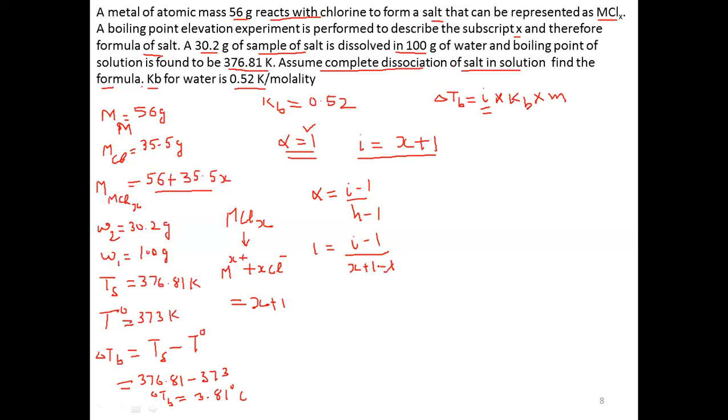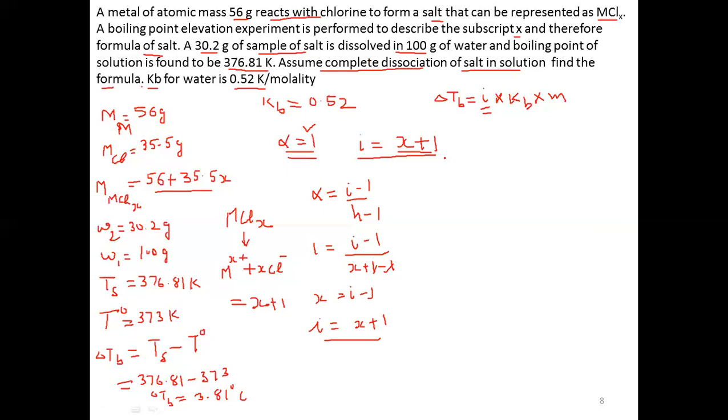The 1 minus 1 gets cancelled, so x goes here: x is equal to i minus 1, or i is equal to x plus 1. The same answer is obtained. So remember that if the solute is completely dissociated, iota is not strictly always equal to the number of ions produced, but for numericals we can say it is. So MClx gives x plus 1 ions, so iota is x plus 1.